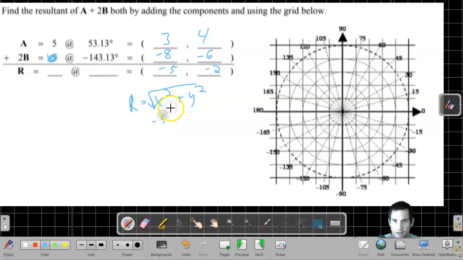So we have -5 squared, which is 25, plus -2 squared, which is 4. So we have 29. Don't forget to take the square root of that, and that'll give us our resultant magnitude. And that resultant magnitude, when you plug it in, is going to be 5.4.